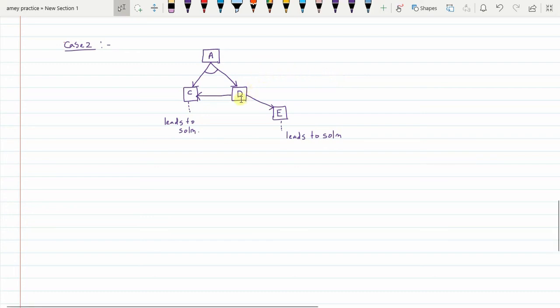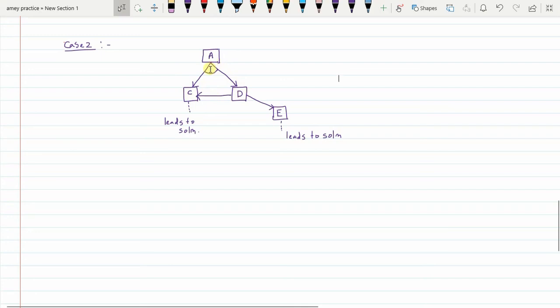Now let's talk about it. Since node C as well as node D both lead to a solution, our algorithm that we have already seen will report a complete solution that includes both of them. Now the AND-OR graph states that for A to be solved, both C and D have to be solved because this is an AND arc, correct?